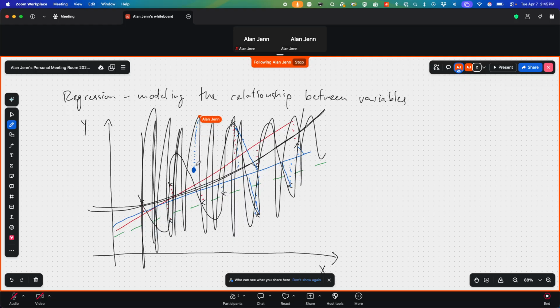Now the question is, in addition to making the best fit for what we observe, how can we make sure we are not overfitting? That's going to be one of the big themes of this class as we walk through a lot of different techniques.